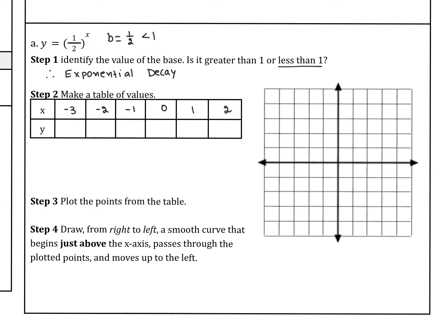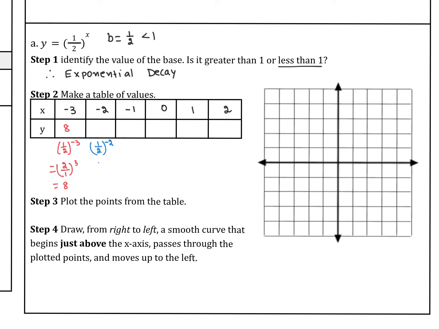So what we got here is 1 over 2 to the power -3. Once you have a negative power, you're going to flip it. So it's going to be 2 over 1 to the power 3, and that's going to be 8. In this case, 1 over 2 to the power -2.